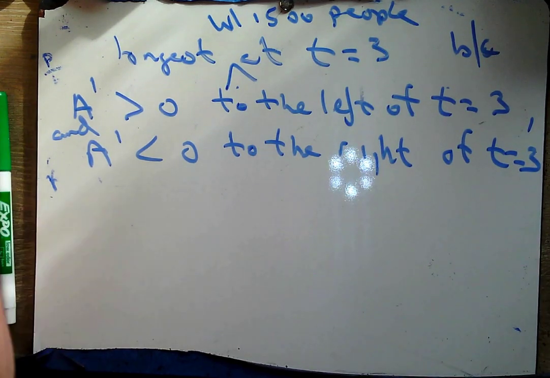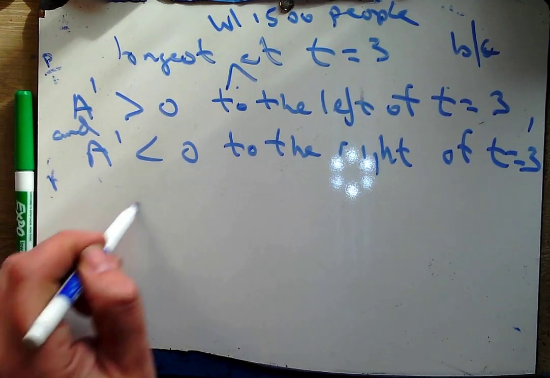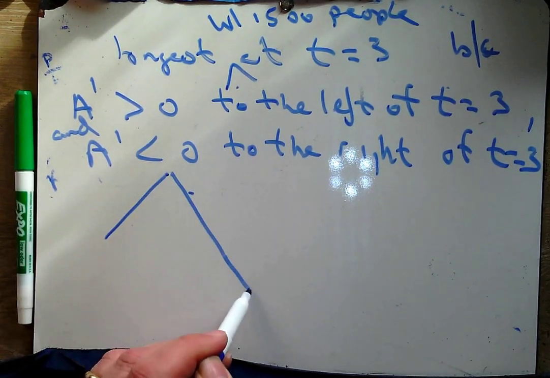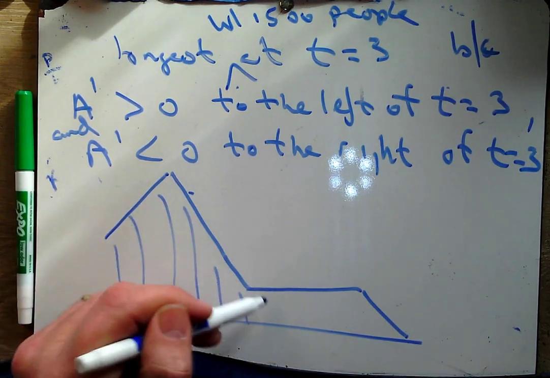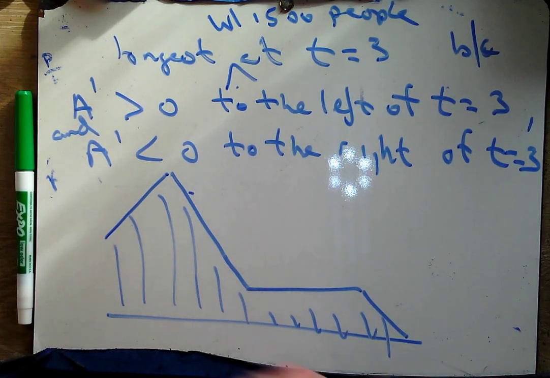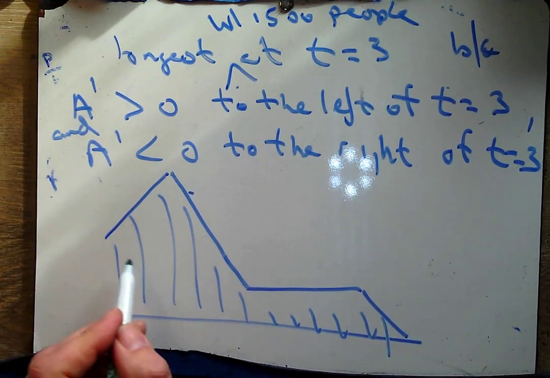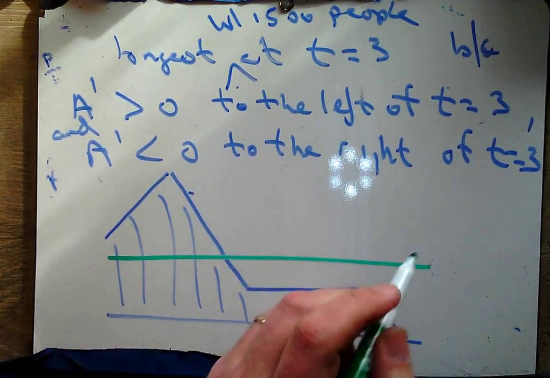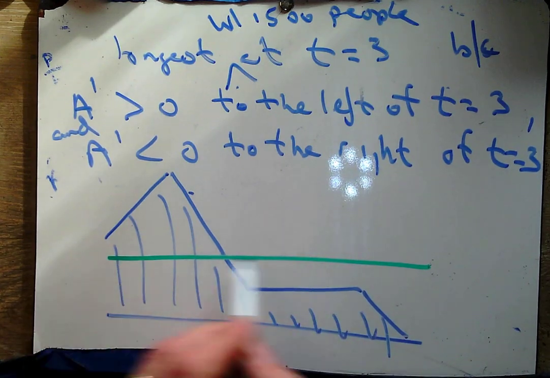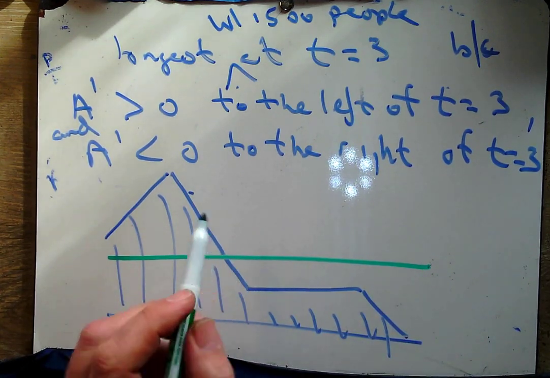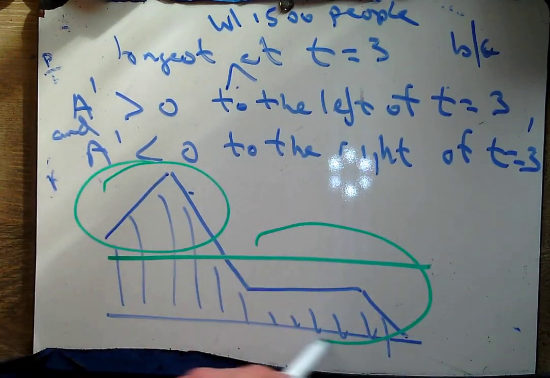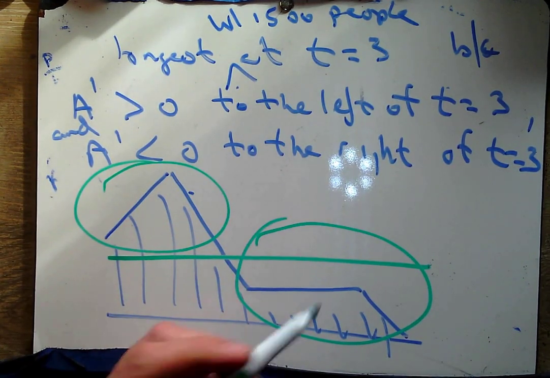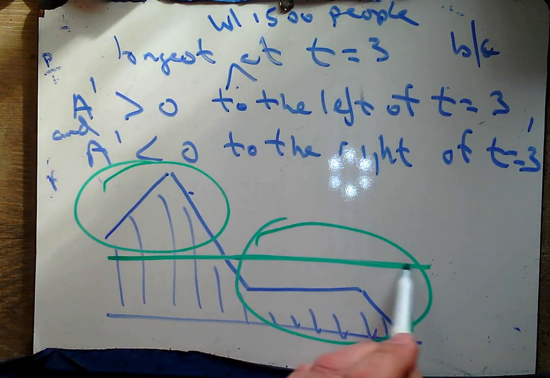I want to know, remember we were thinking about this. These are all the people who arrived. And we were thinking about this. These are all the people who got off the line and onto the ride. I kind of want to know when this area and this area are equal. See, this is overcapacity.